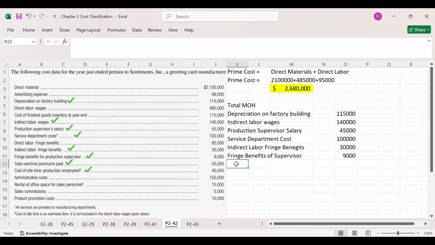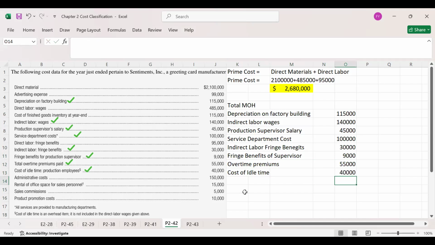Then we have overtime premiums, then cost of idle time. So the overtime premium is 55,000. You can see it. And the cost of idle time is $40,000.